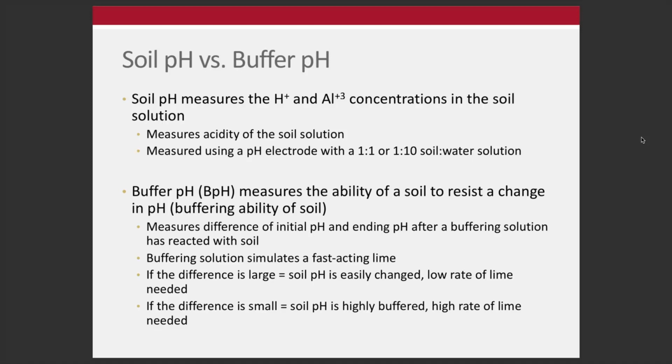This might take a little bit of thinking through, but it's very important. When the soil is easily changed, if we add a little bit of lime and the pH changes readily, then we consider that a low buffered soil, and because it changes easily, we don't need as much lime. The converse is true with a highly buffered soil.